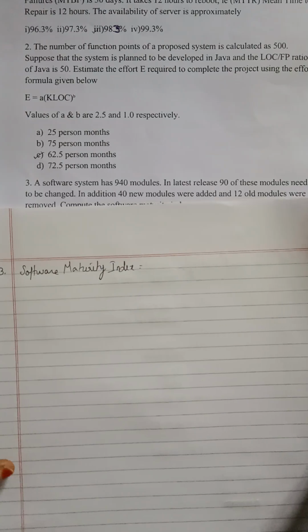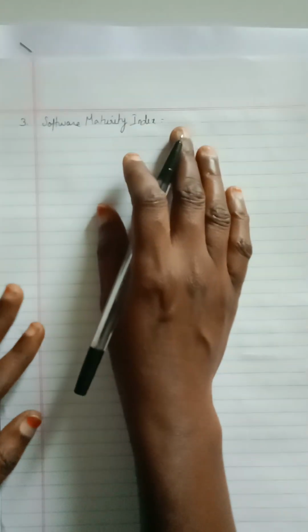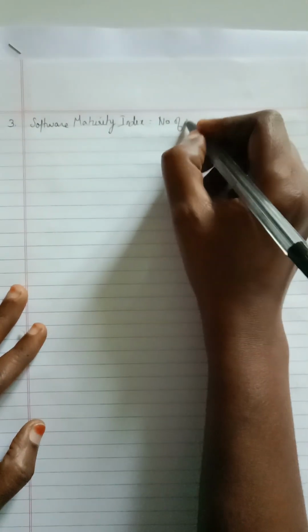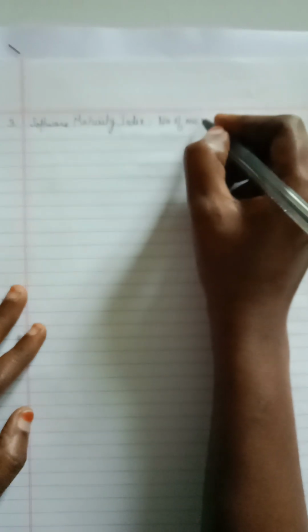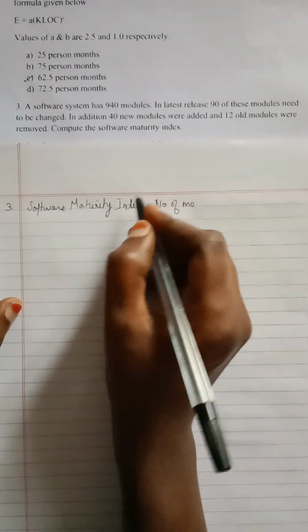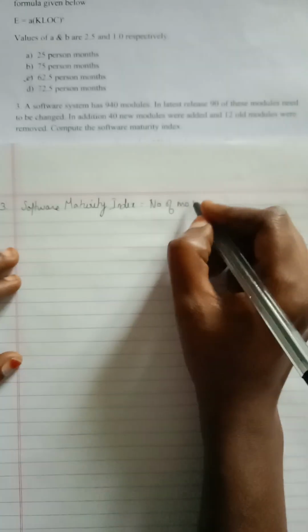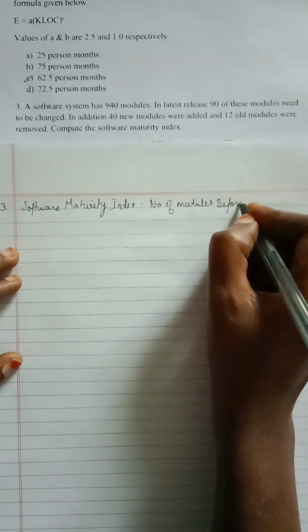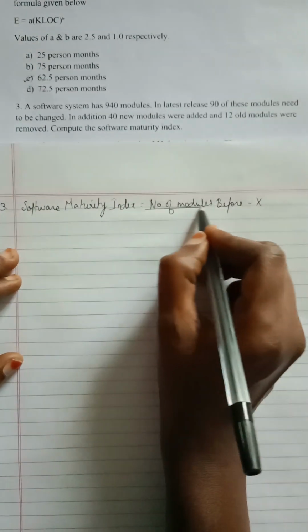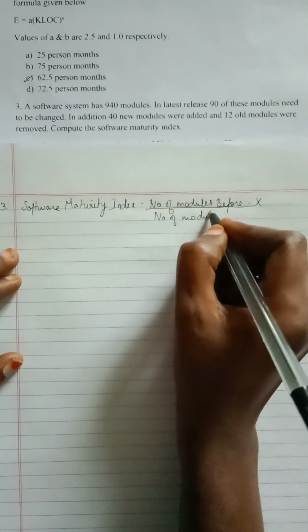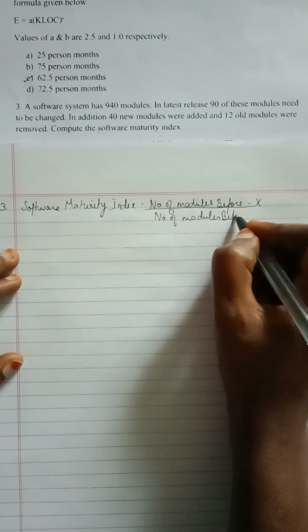It is equal to the number of modules before minus x, divided by the number of modules before.